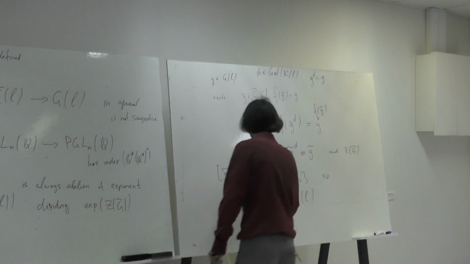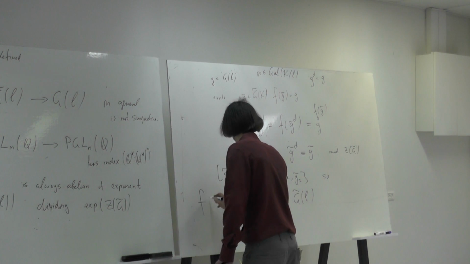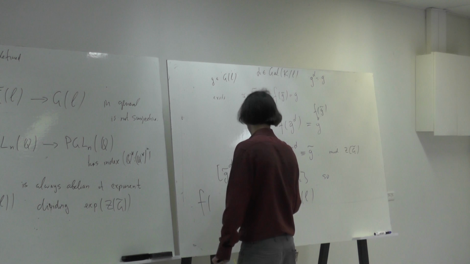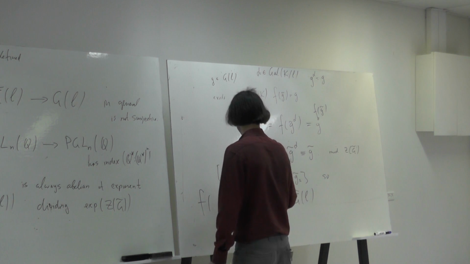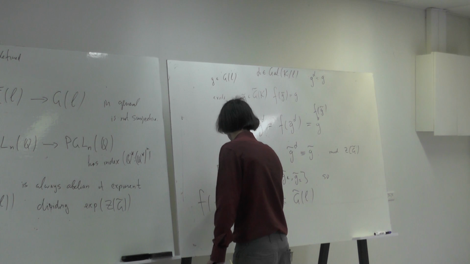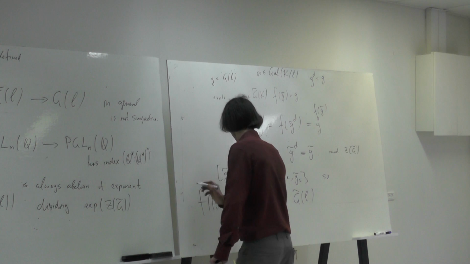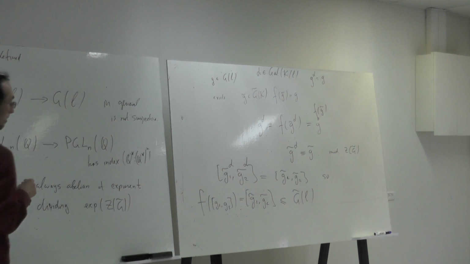This is f of the commutator, because f is a homomorphism.